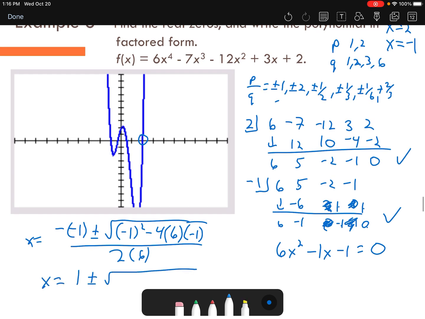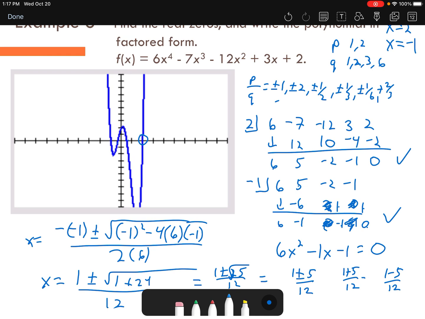So that's going to be 1 plus or minus the square root of 1 plus 24, all over 12, I believe. Yes, 24. So that's 1 plus or minus the square root of 25 over 12, or 1 plus or minus 5 over 12. So there are our 2 answers, 1 plus 5 divided by 12 and 1 minus 5 divided by 12.